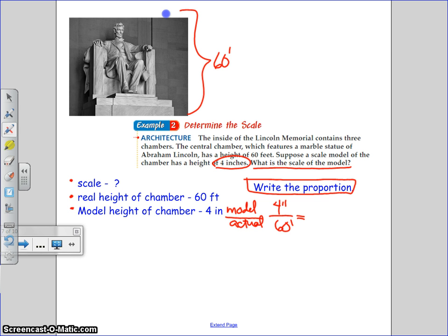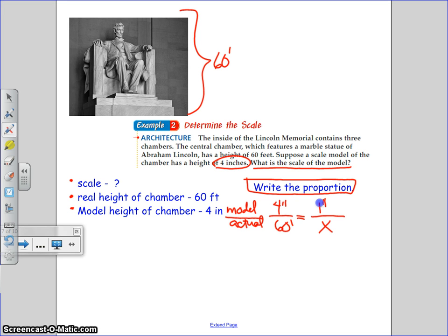And we're going to set the proportion up for the scale. So to find the scale, we want to know if 1 inch is going to equal how many feet. Well, we don't know. We know we want to have it 1 inch. We don't know how many feet that's going to be.